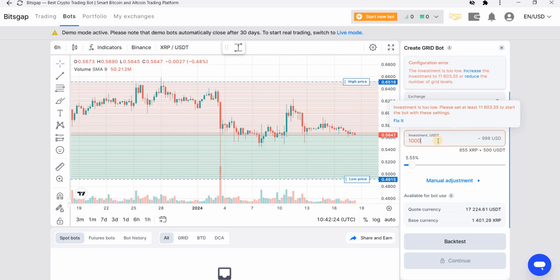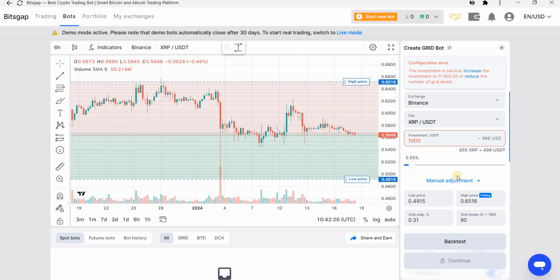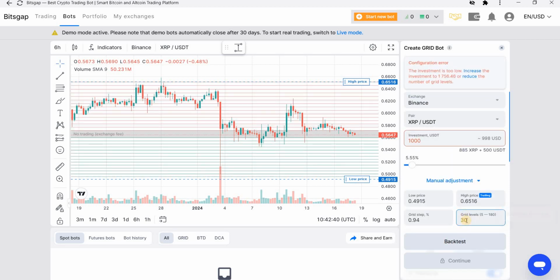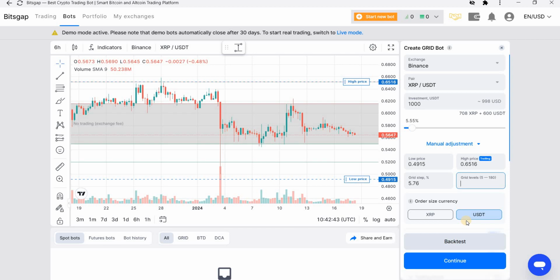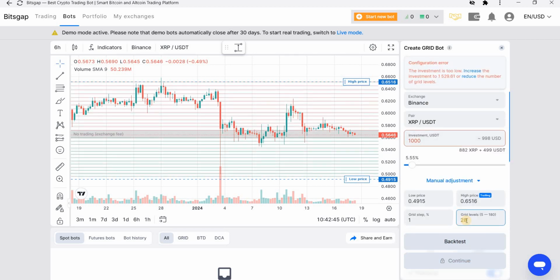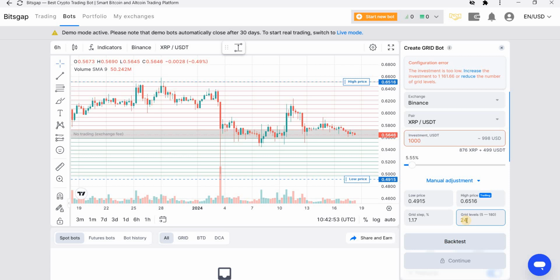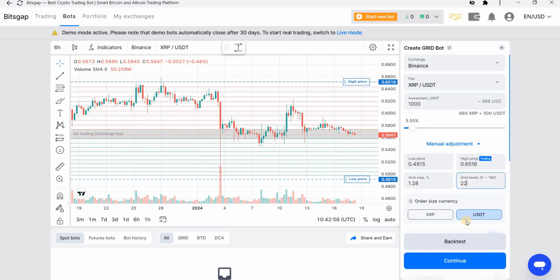Now the higher your investment, the more grid levels you can have. And I'll get back to grid levels in a minute. There we go. Right, so what we've got is the high price and low price.